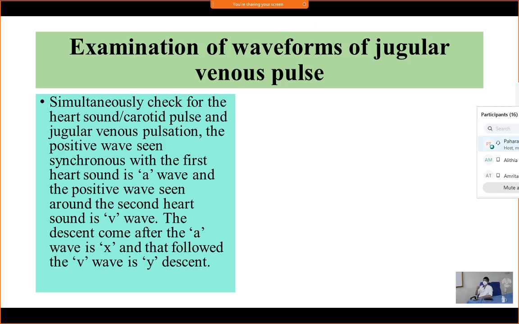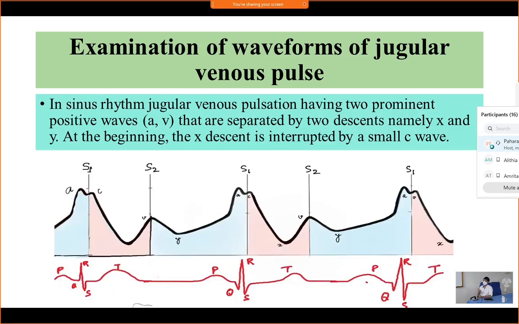The positive wave seen synchronous with the first heart sound is the A wave. Remember this. The heart sounds are also written as S1, S2. So do not guess by yourself that this is the A wave and this is the V wave. Once you identify the A wave, it becomes easy to identify the V wave.